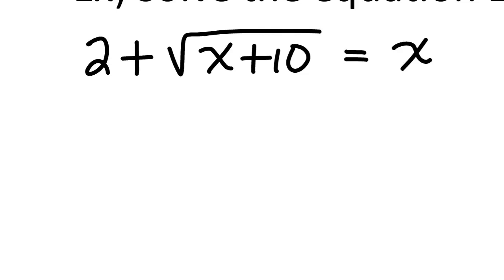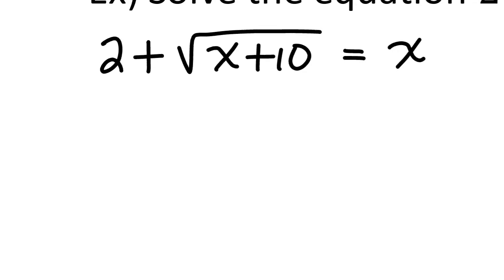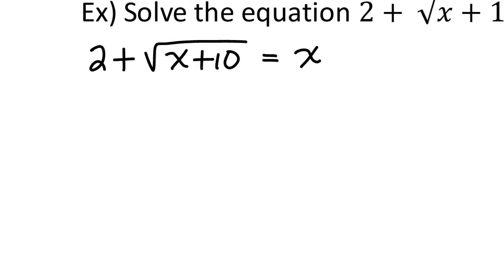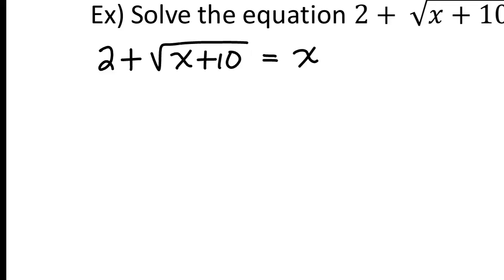Anybody notice anything different? We have 2 x's. I have an x right here, and I have an x on the other side of the equal. And so when we square both sides, to get rid of the square root, we're going to end up with the x squared. So it's going to be quadratic. And so because it's quadratic, we're going to end up having to factor.